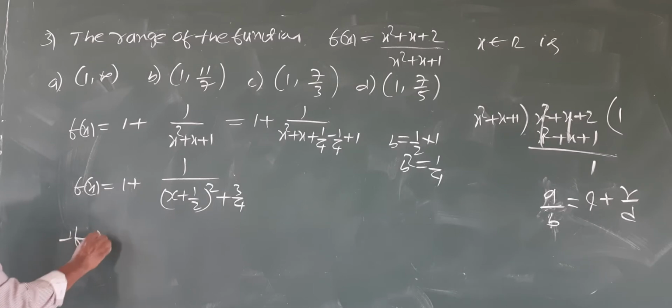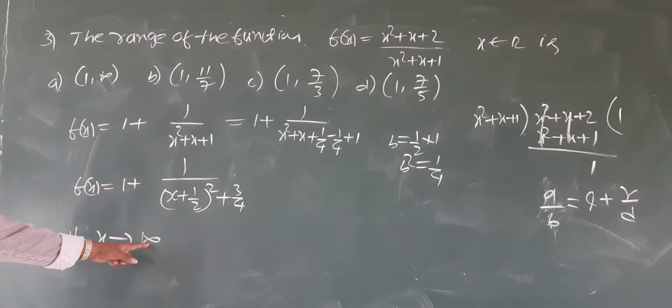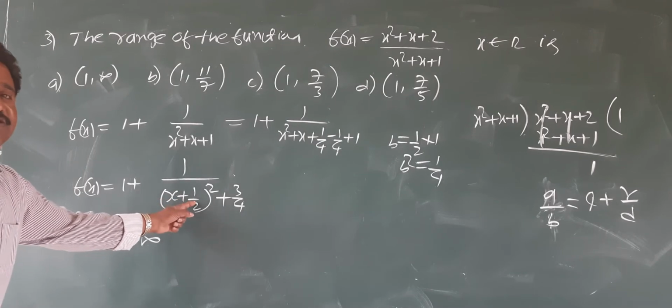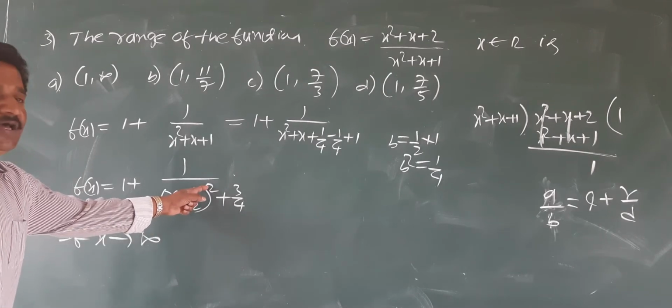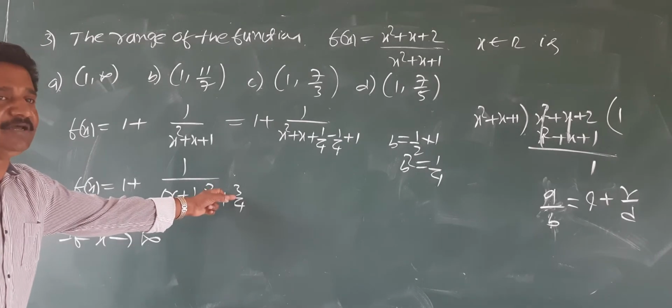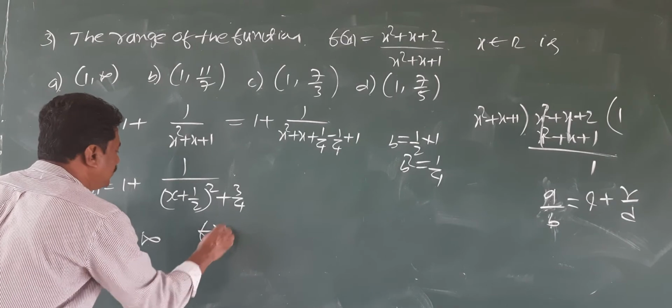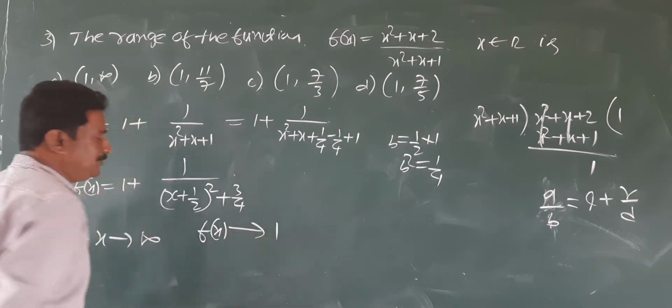As x tends to infinity, if I vary x values from 0 to infinity, look at this students: infinity plus anything is infinity, and number by infinity is 0, so fx becomes 1.